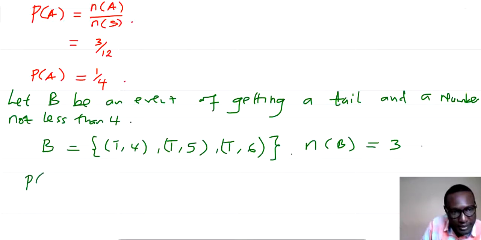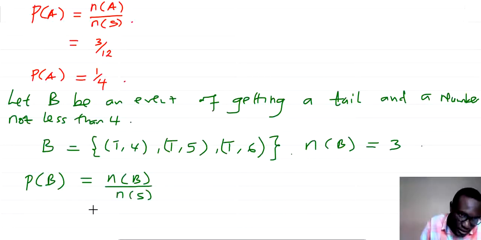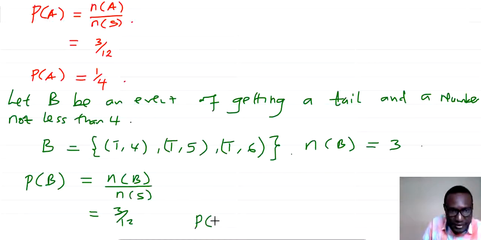So the probability of getting a tail and a number not less than 4 becomes the number of elements in B divided by the number in the whole sample space. This is equal to 3 divided by 12. And when you simplify, the probability of B becomes 1 over 4.